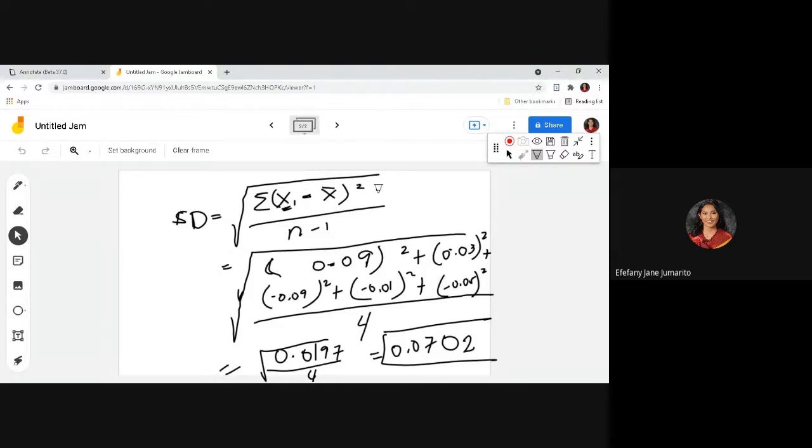Okay, plus as well because it's a summation. Depending on how many samples you have, if you have 5, then you square that one over 4. Okay, that's it.